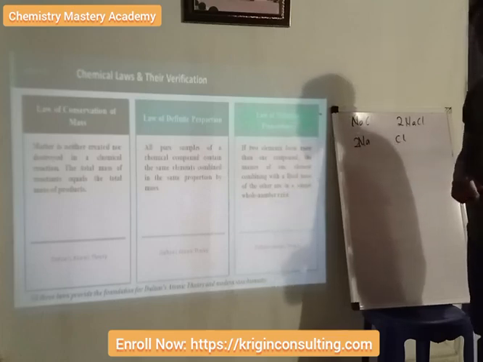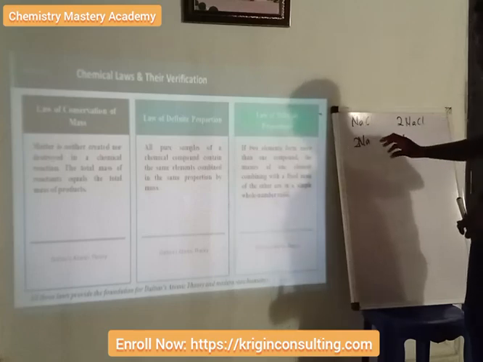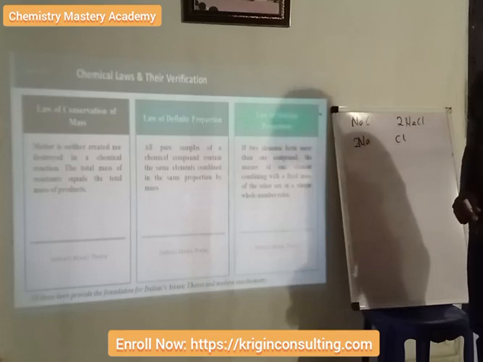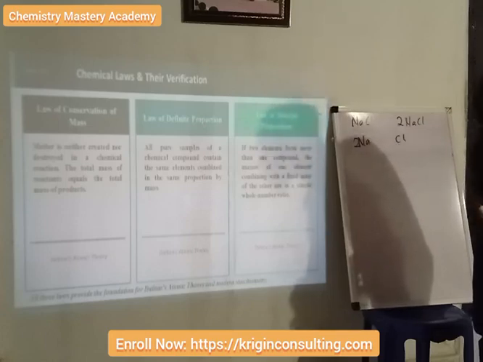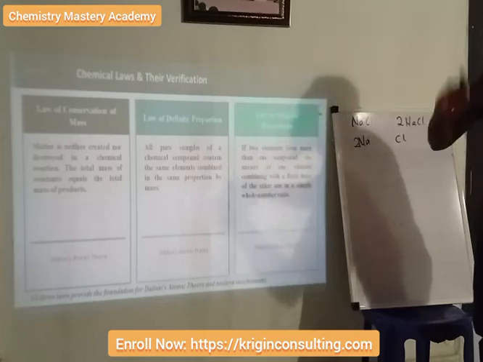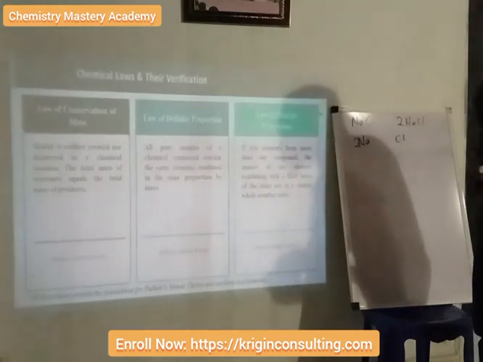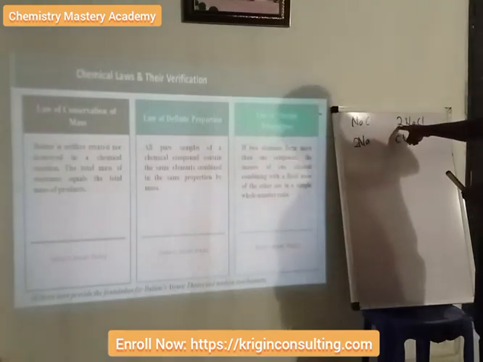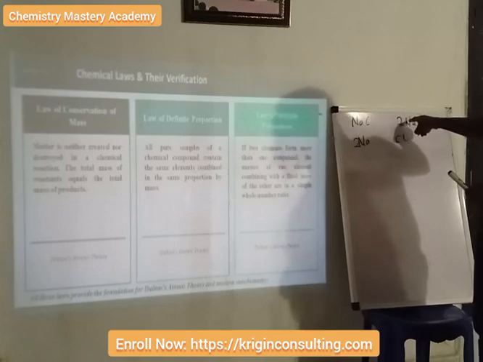When they combine, the number of moles that they will combine in will not be half, will not be quarter, it will be a whole number. Do you see me put half here? Do you see me put quarter here? I put a whole number.